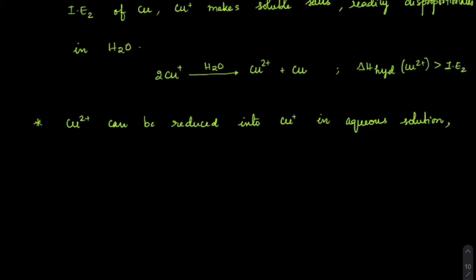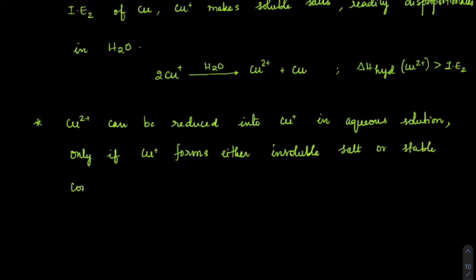I mean, if we take copper 2+, when would this usually happen? This can happen only if copper+ forms either an insoluble salt or a very stable complex. In that case, this reaction would take place.